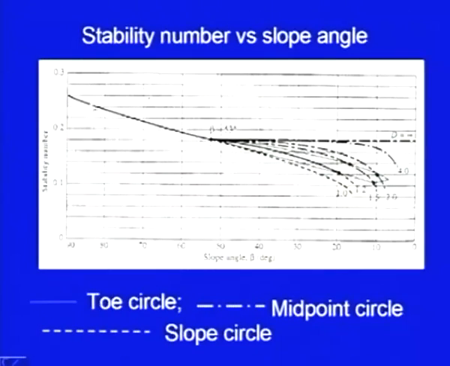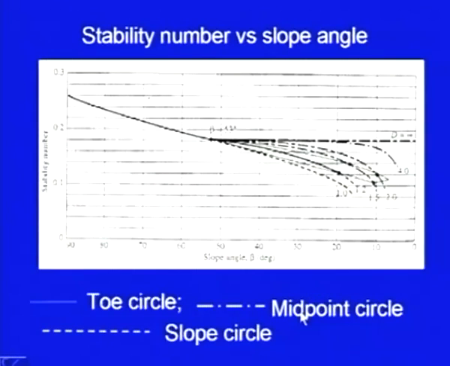This solid line is for toe failure. For steeper slopes, when beta is more than 53, only the toe failure occurs. If it is less than 53, then it can be a base failure or slope failure. So, the charts are available for both the cases.